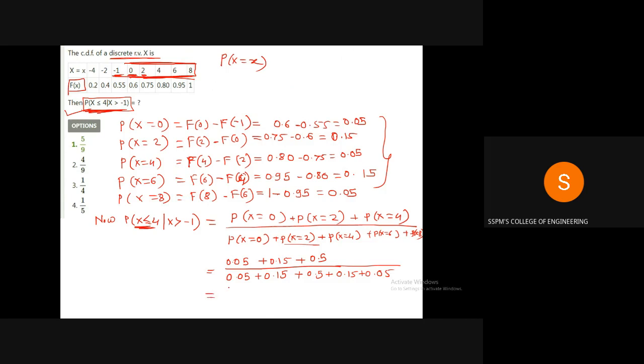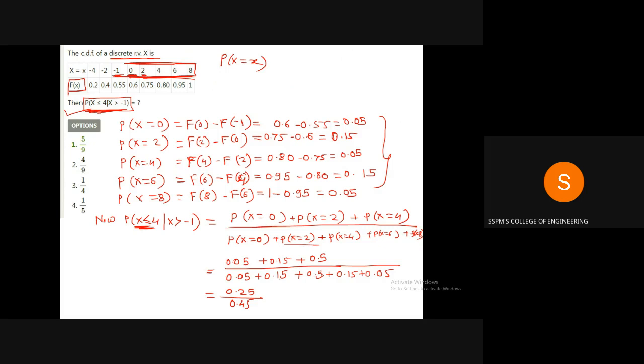So now their addition: 0.15 plus 0.05 is 0.2, and 0.2 plus 0.05 is 0.25. So in the denominator, the sum is 0.45. So this is 5 plus 15, that is 20, and 20 plus this must be 0.5.